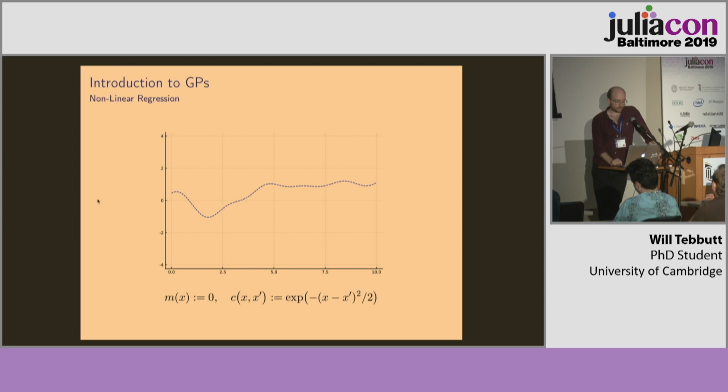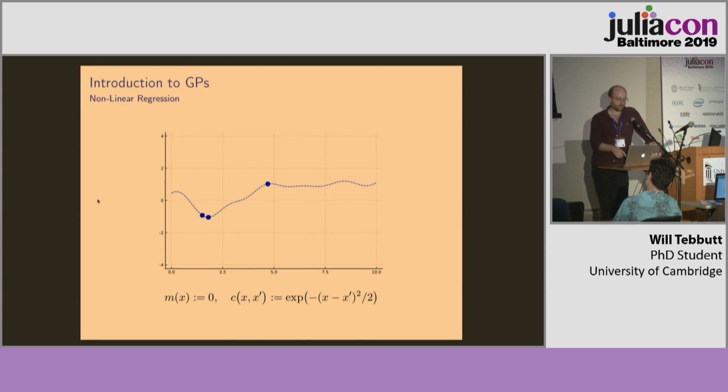I'm just going to walk through a basic example to make things concrete, and then we'll get on with some more interesting stuff. Here I've visualized a sample from a GP with mean 0 and this covariance function, which is a very standard covariance function you'll see all over the place. What we're going to do is assume that we get some observations of it that we want to condition on, so these 3 points.